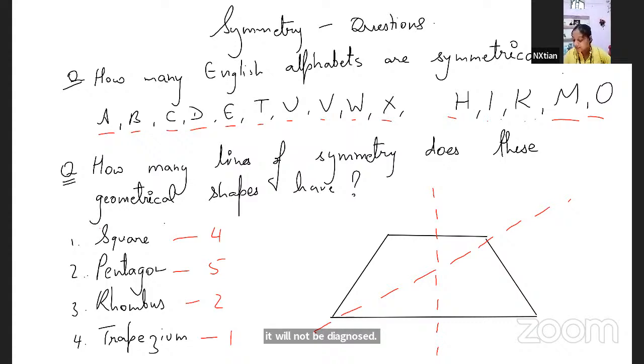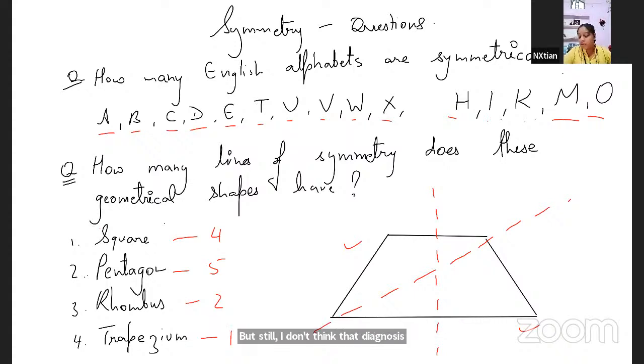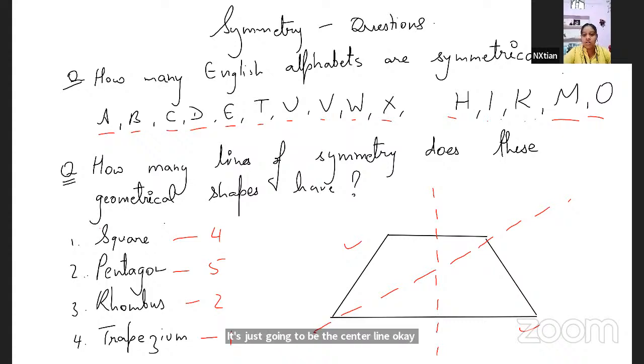But for some trapezium, it's maybe possible if you pass a line straight through the center, but still, I don't think that diagonals will make lines of symmetry in a trapezium. It's just going to be the center line, since this trapezium doesn't have a very regular shape.